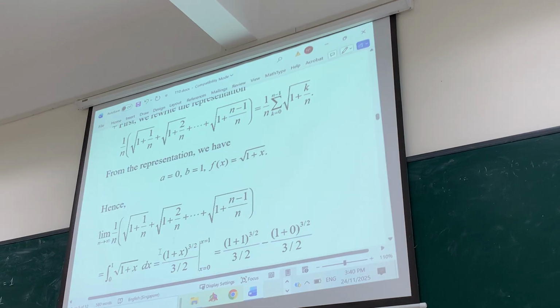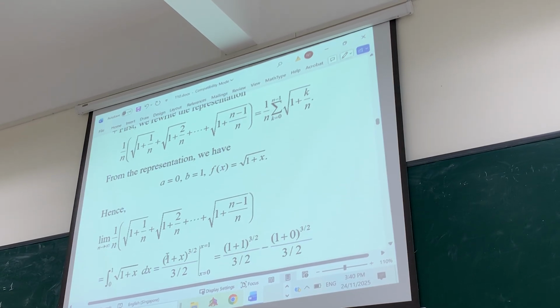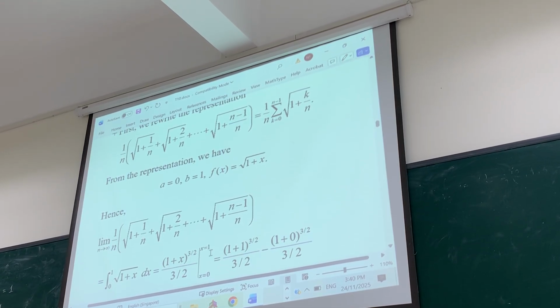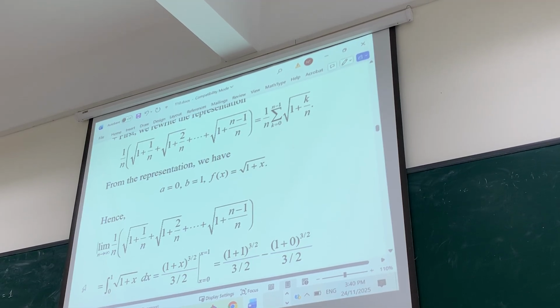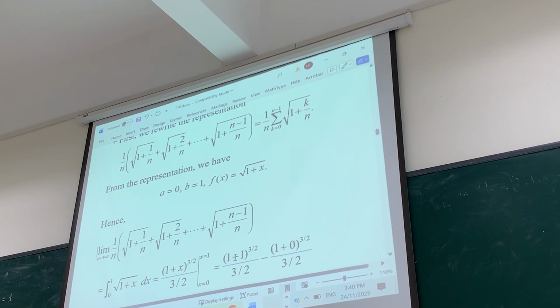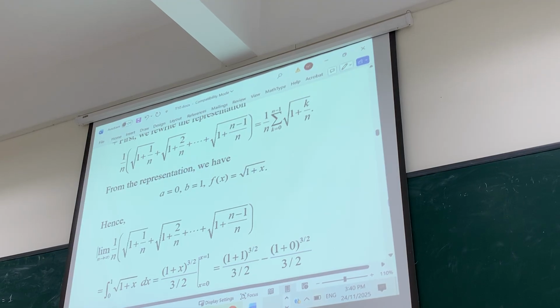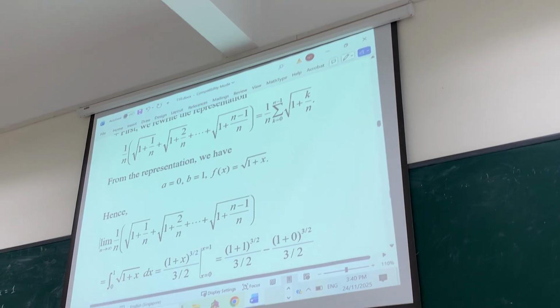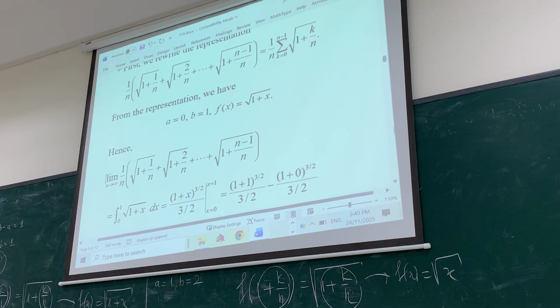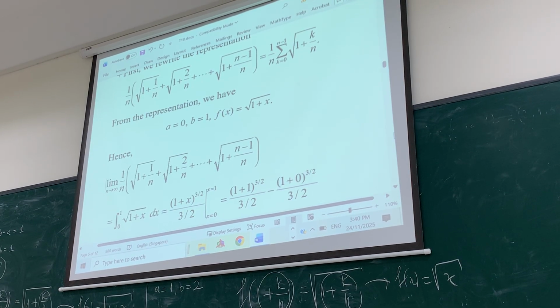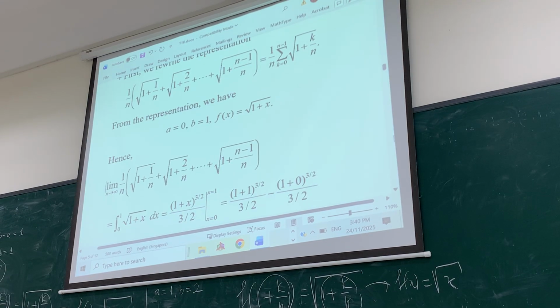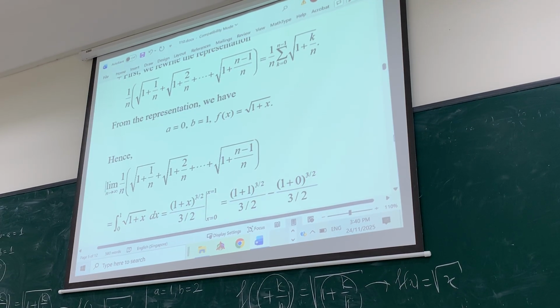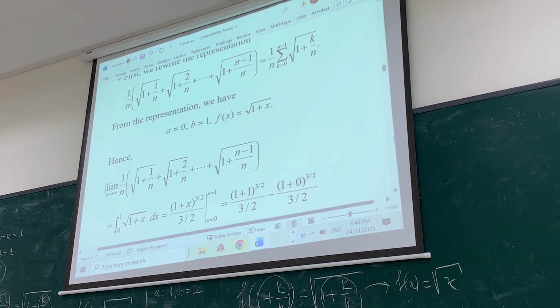To continue, you base on the Newton-Leibniz formula and the antiderivative. We can compute the definite integral as (1 plus x) to the power 3 over 2 divided by 3 over 2, with x from 0 to 1. We replace x by 1 and 0 and obtain the result of this integral.